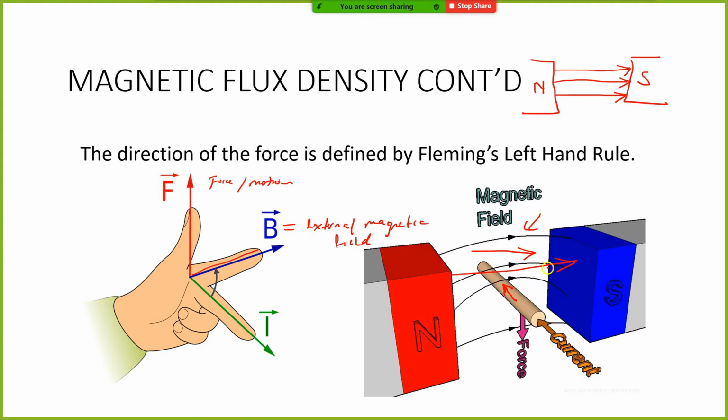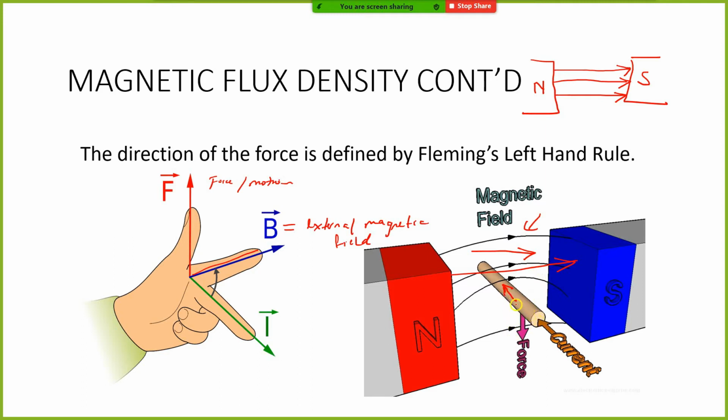Then after that, you have to maintain that position, meaning that if you know that your magnetic field is going from west to east, then that finger has to remain pointed in that direction at all times. So the next best thing I could do in order to prove that the wire is going to go down is to highlight where the current is flowing.